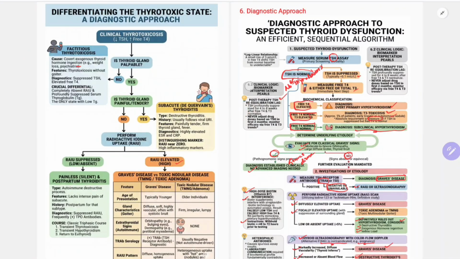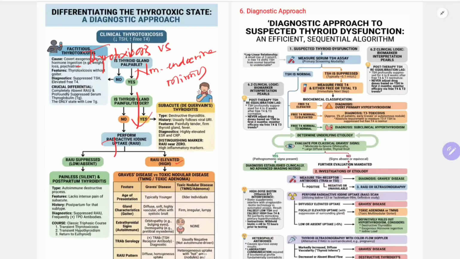Now just to conclude this diagnostic part. First what we are doing is confirming whether it is thyrotoxicosis versus non-endocrine mimics.